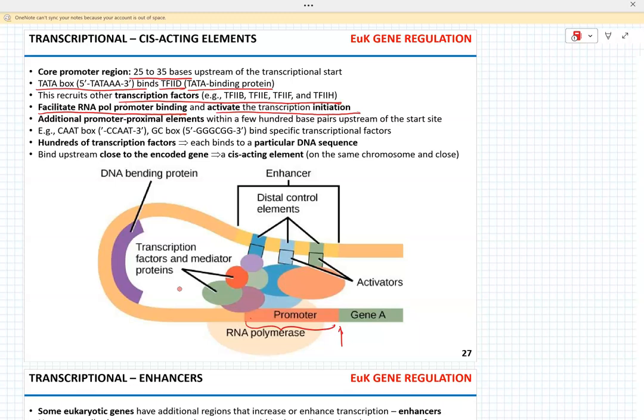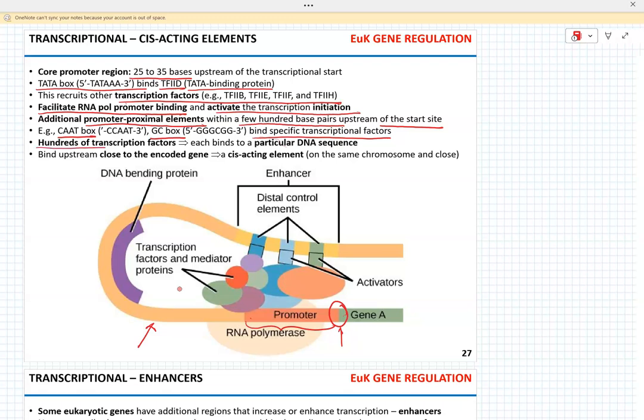There are additional elements called promoter proximal elements, which are located within a few hundred base pairs upstream of the start site of transcription. For example, the CAAT box or GC box bind specific transcription factors that further increase the efficiency of transcription.